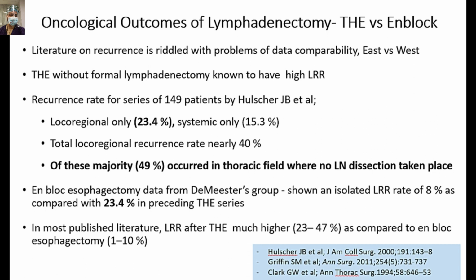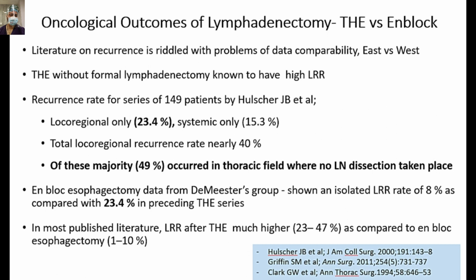The literature is riddled with problems of data compatibility between East and West, as we discussed already. Transhiatal esophagectomy without formal lymphadenectomy is known to have higher locoregional recurrence. In the series of 149 patients in the Hulscher group, locoregional only was 23.4%, systemic only 15.3%, total locoregional recurrence rate nearly 40%.